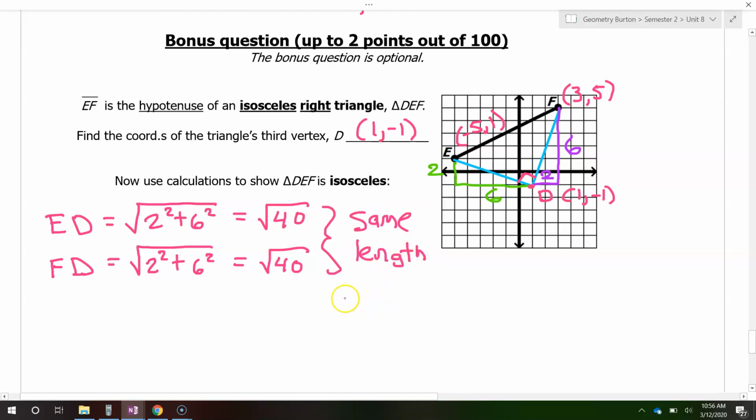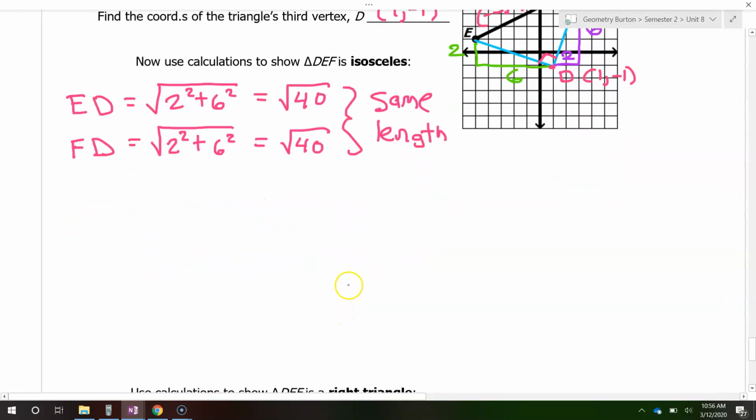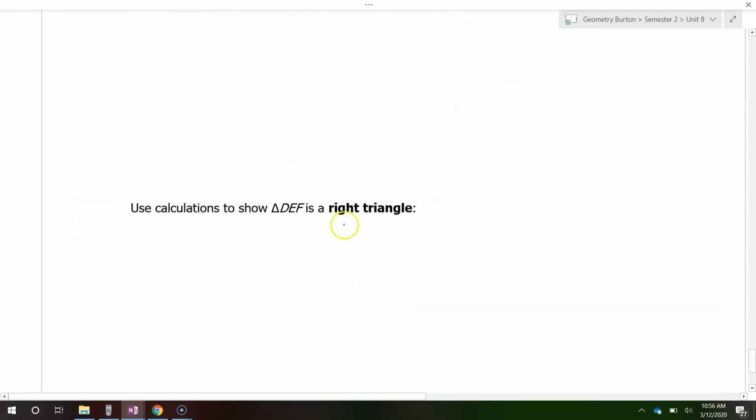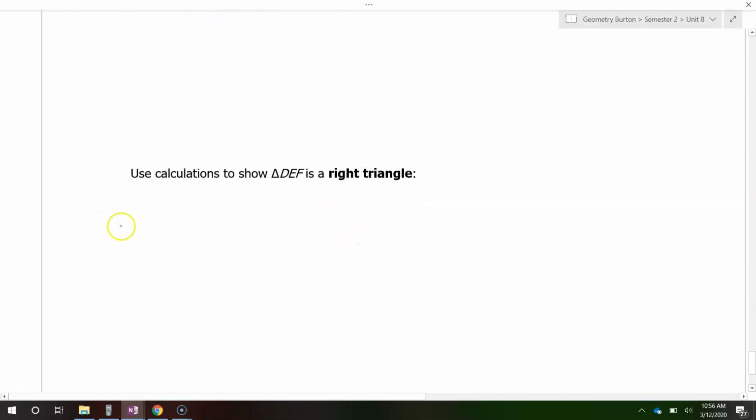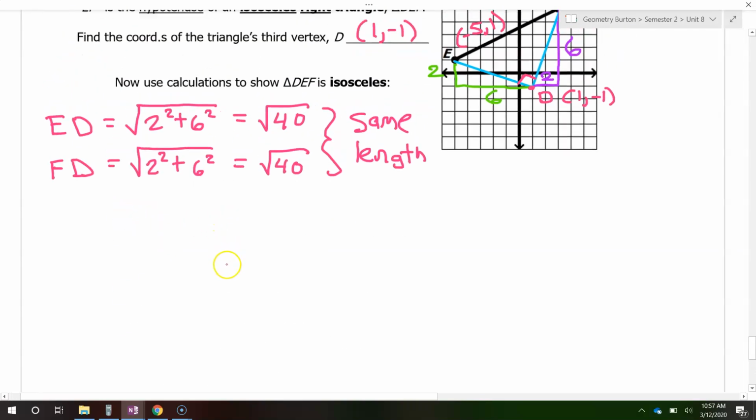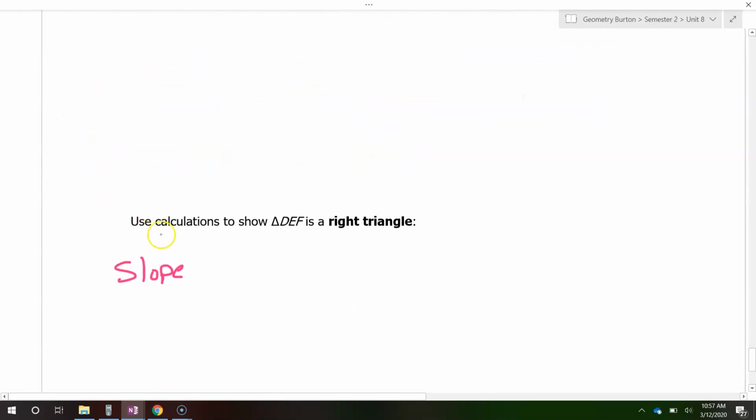Now we have to prove that this is a right triangle. So to prove that this is a right triangle, we're going to need to have the slopes. So we're going to need the slope of ED and FD.